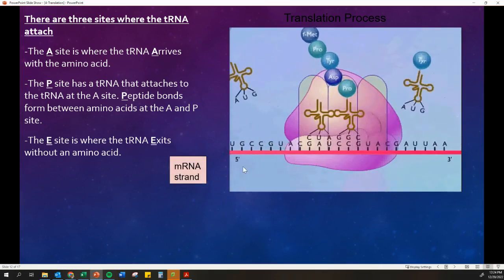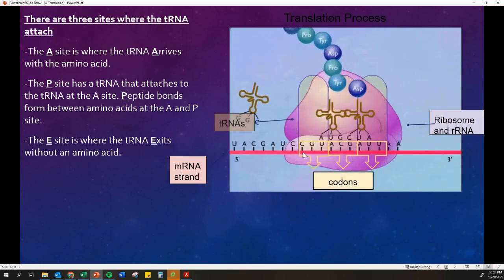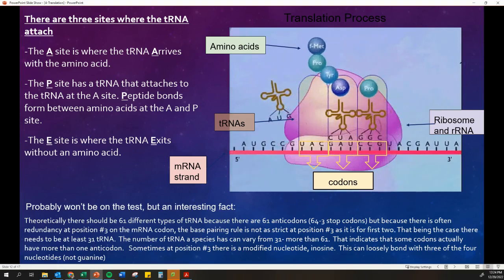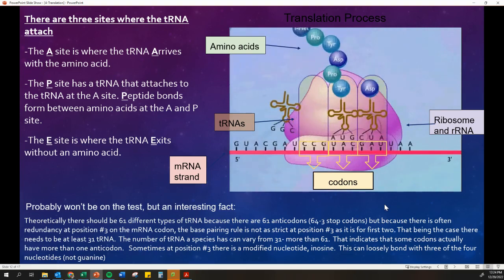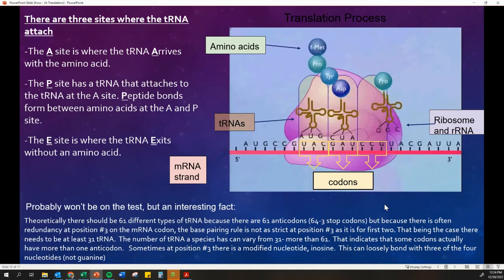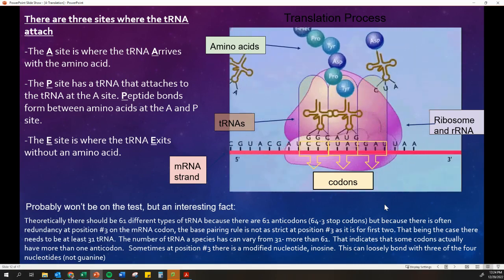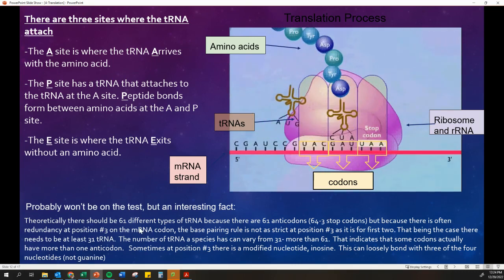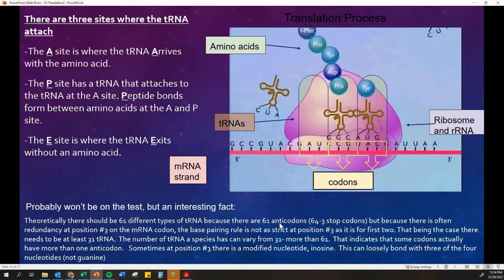So here's our mRNA strand again. The ribosome, codons down here, the tRNAs, the amino acids. And we've mentioned this before, but there are many different tRNA. Typically there should be 61 different types of tRNA because there's 61 anticodons.